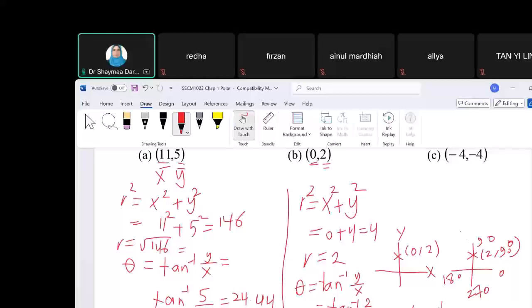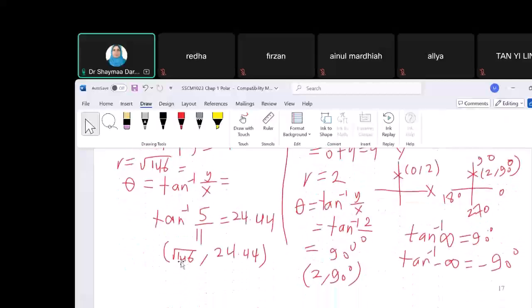In polar coordinates you have the point 2, 90 degrees, in Cartesian 0 and 2, but this is the same point. This is how to check your answer. Also for the first example, if you plot 11 and 5 in Cartesian and plot the square root of 146, 24.4 degrees as the angle in polar, you have to plot the same point. Then your answer is correct.